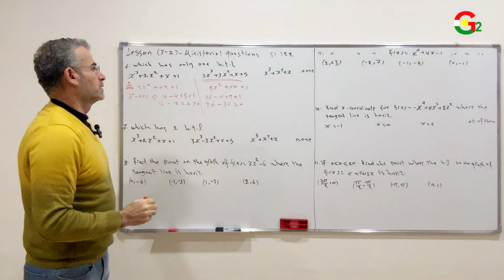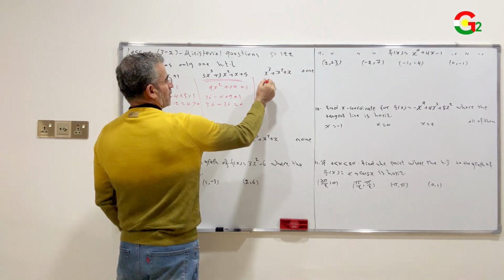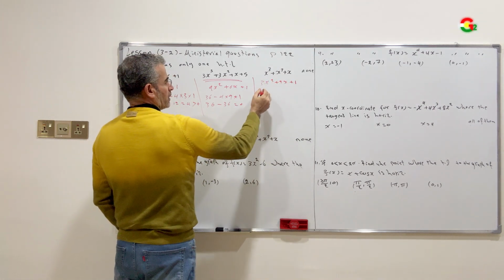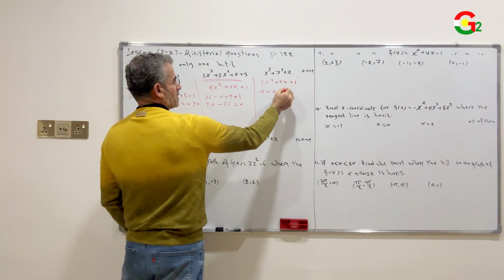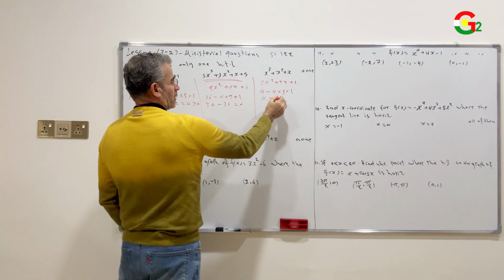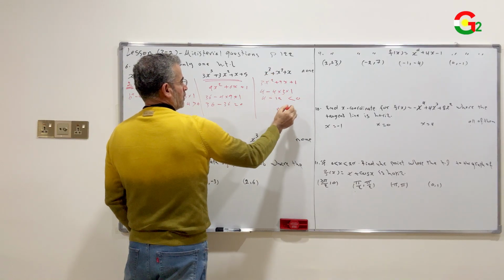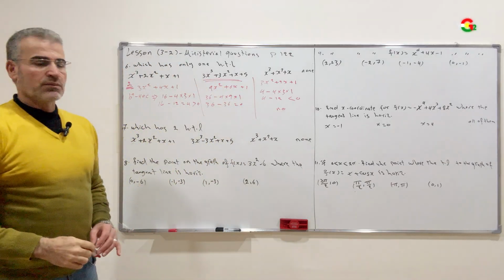It is the right choice. Let us check the third one. 3x power 2 plus 2x plus 1. B square 4 minus 4 times a times c. 4 minus 12 less than 0. This function has no horizontal tangent line, so the right choice is B.